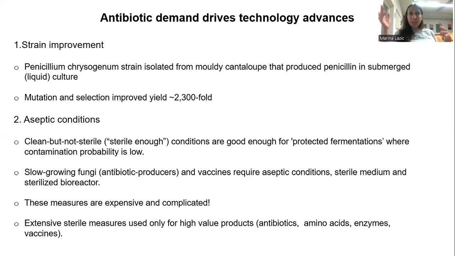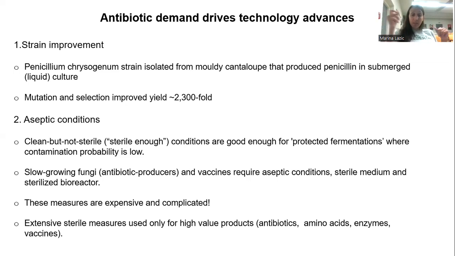So even though somebody can say, oh, maybe the probability of contamination is low, that's still not enough. You shouldn't take that risk or you can lose production. Now, unless you're working with a mixed culture, but even then.